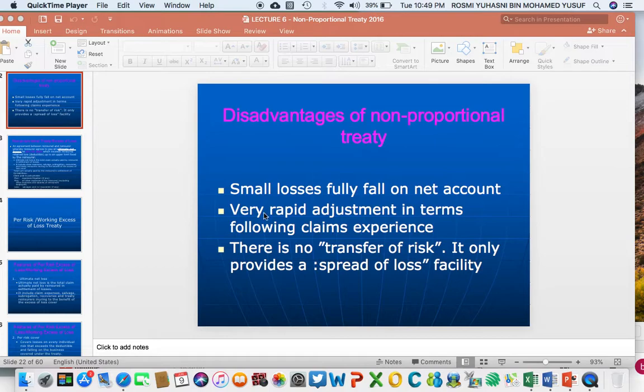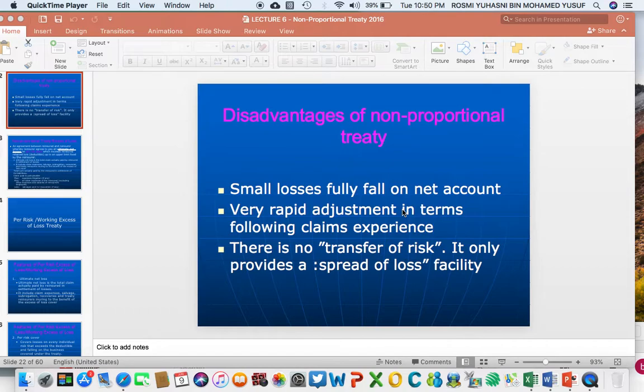Number two, very fast or very rapid adjustment in terms of the contract or the treaty following claim experience. If in one particular year the claim is very high, or many claims occurred within that one year, there is going to be an adjustment in terms of the premium rate that the treaty uses for the following year.